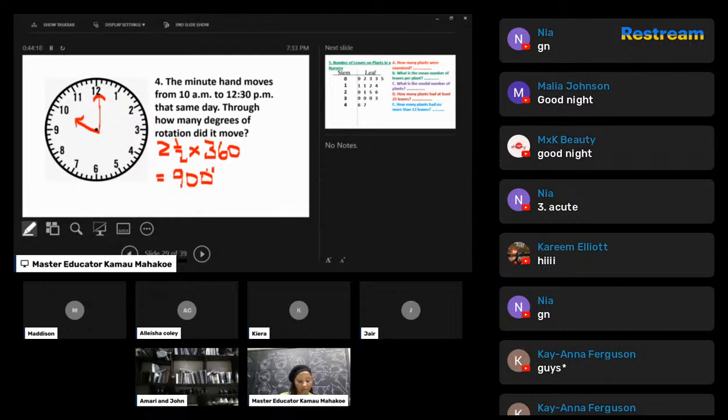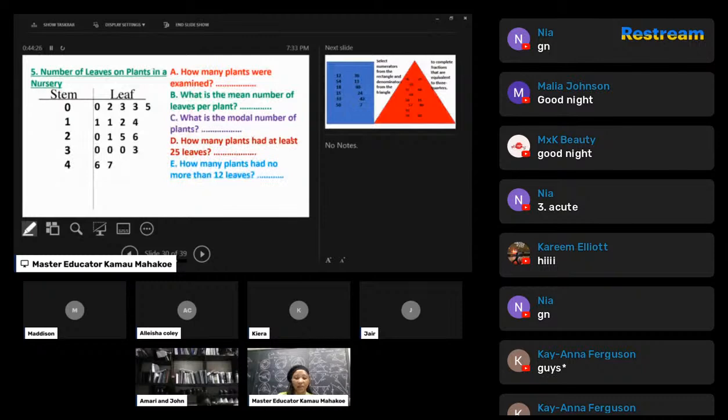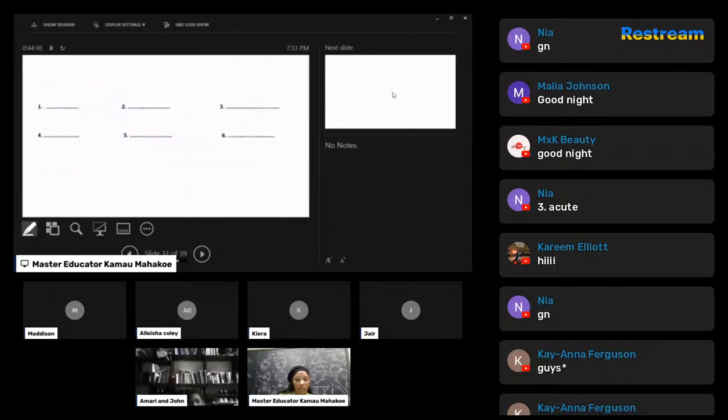Okay, and that's our last clock question. All right, so Amari, please read question 5, which is the stem and leaf. Miss, I just have a question before I start. Miss, any questions ready? I think it's about 6.